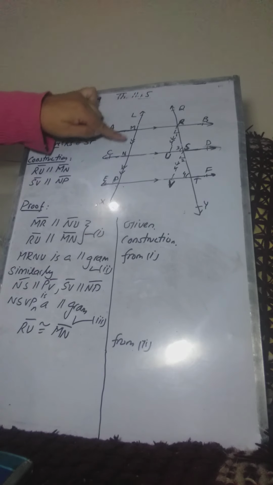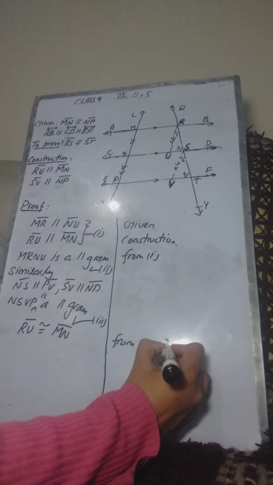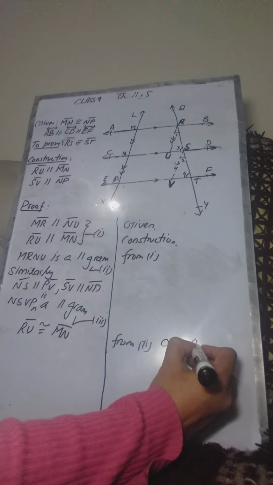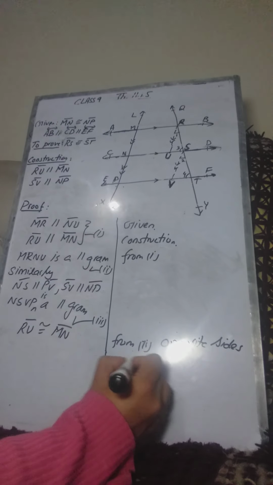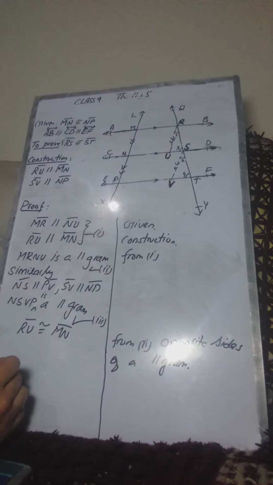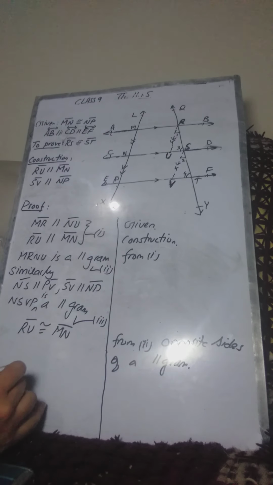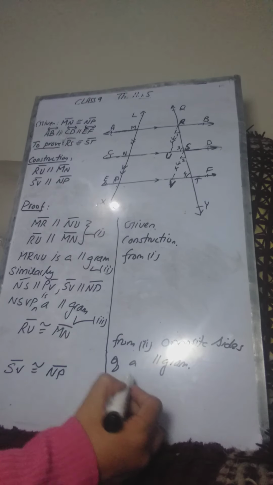Therefore, RU will be congruent to MN because opposite sides of a parallelogram are always congruent. And SV will be congruent to NP, for the same reasons.